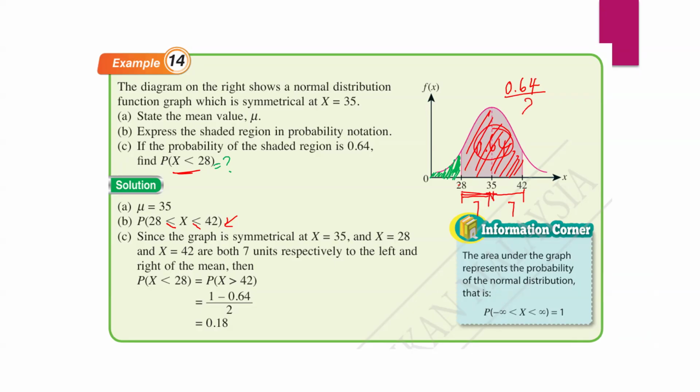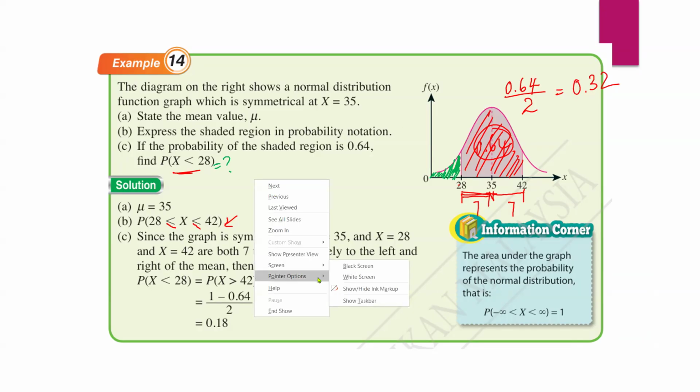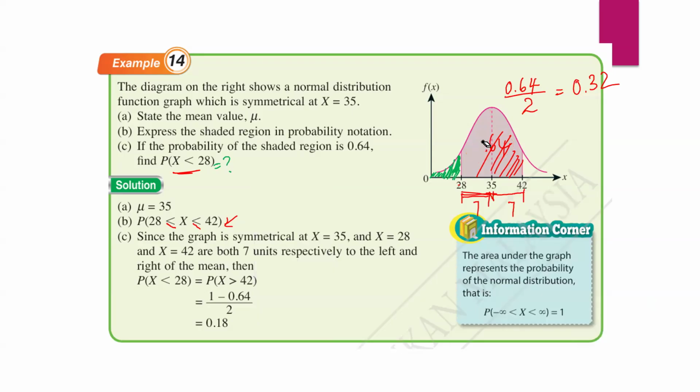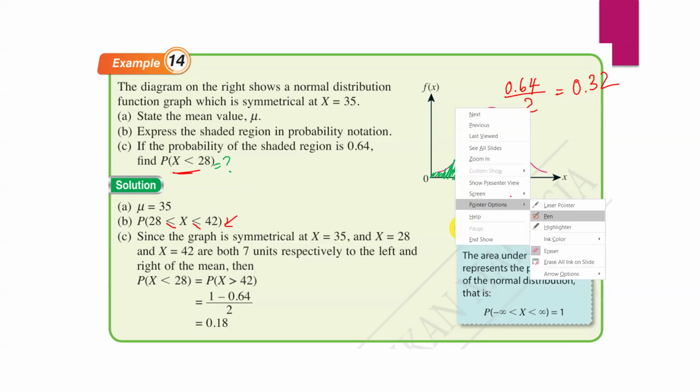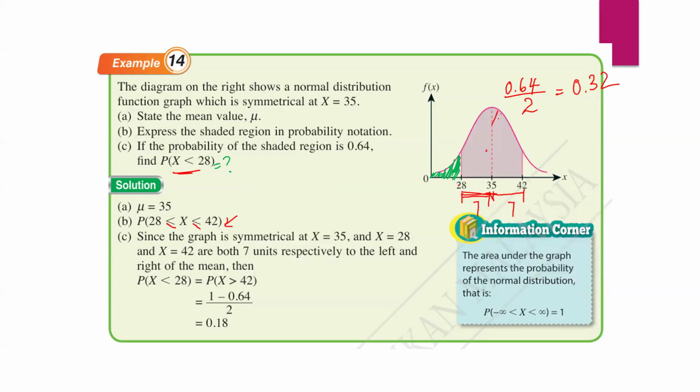So I divide by 2 and I get 0.32. So 0.32 is over here only, and 0.32 here only.